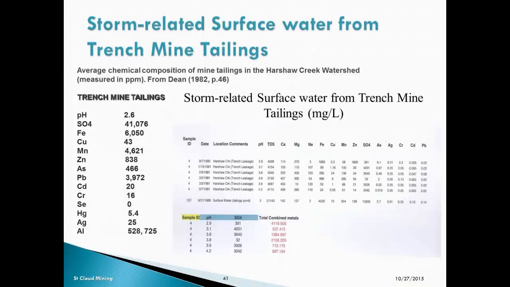In addition, there were metals there, and you can see some of the effluents that were coming off. It was a pH of 2.6. It had very high levels of sulfate, high levels of iron. I mean, it's kind of a nasty effluent. And let's just say that we believed we had a solution.